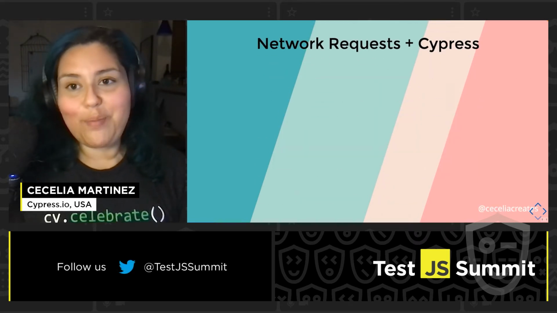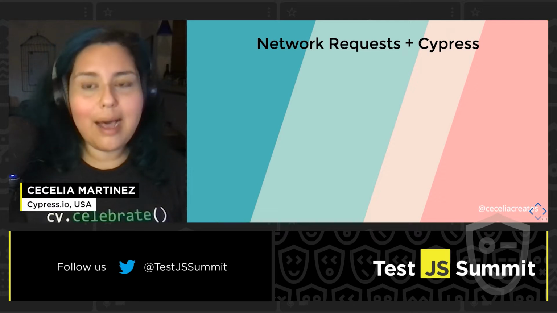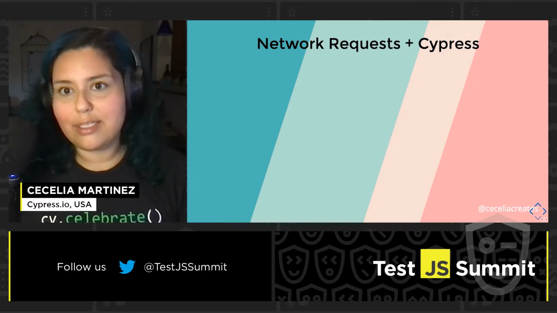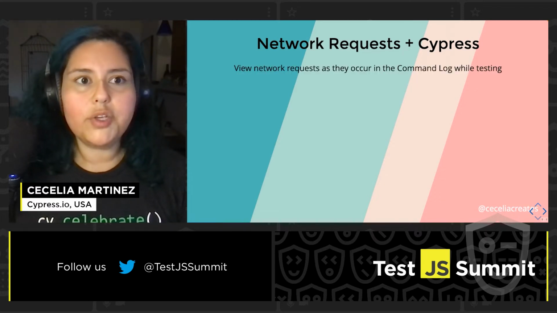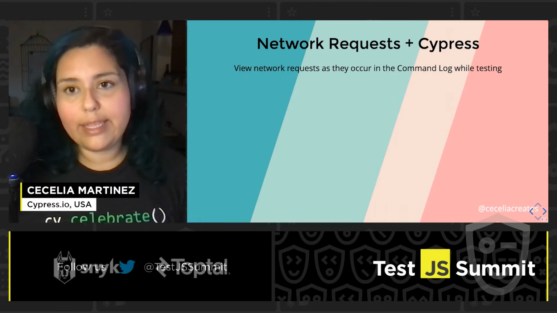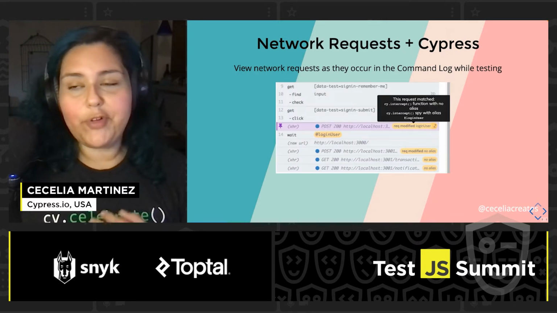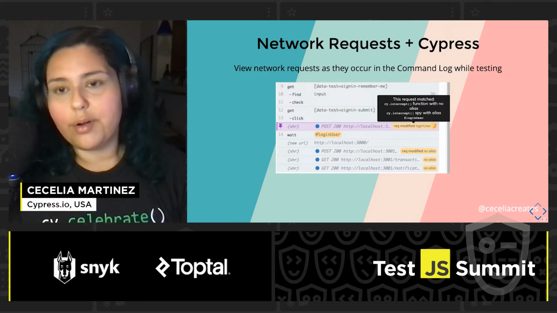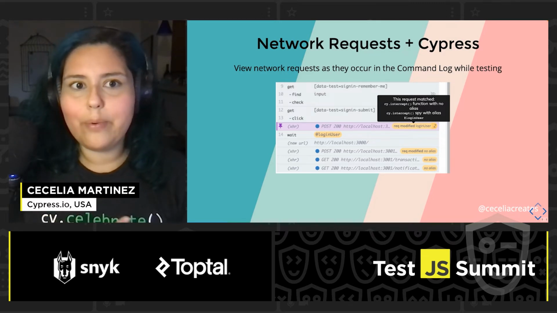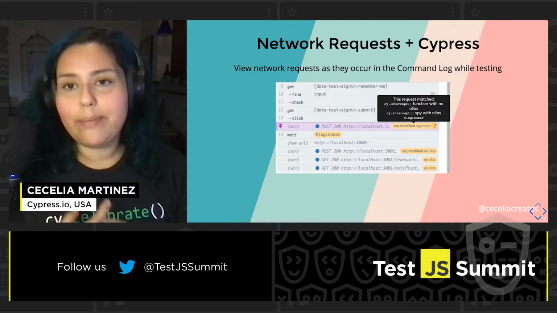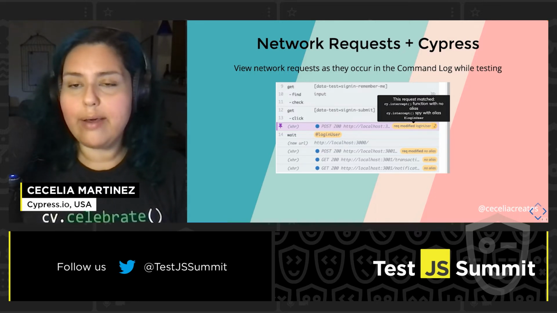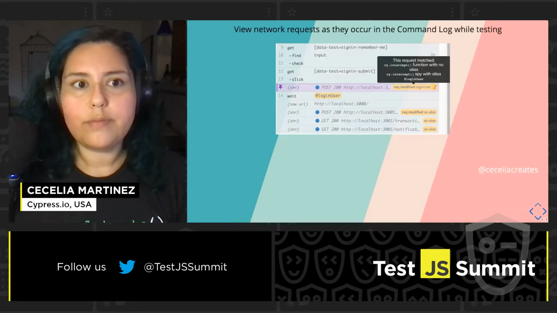This gives us some good information about network requests that are happening inside your application as the tests are progressing. So you can view network requests as they occur in the command log. Here in the screenshot, we can see that after our test code has clicked an element, a POST request occurred. We can see the status code, we can see the endpoint, as well as how we may or may not be interacting with that request via our test code.